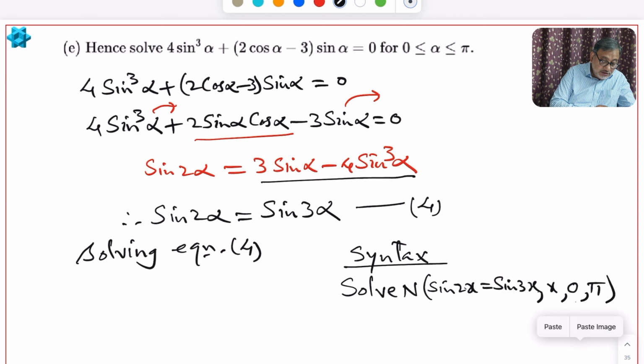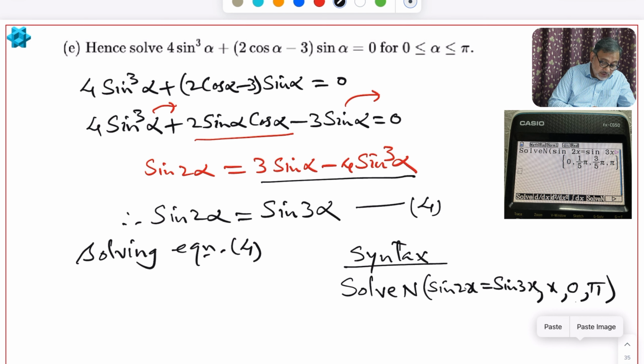So sine 2x is equal to sine 3x comma x comma 0 comma pi. Close the bracket. So I am going to get all the values.